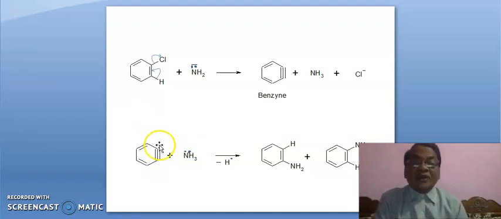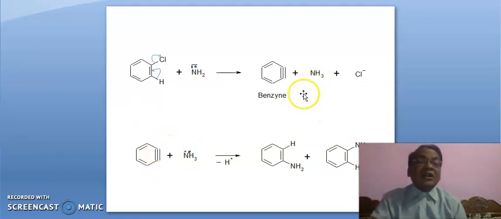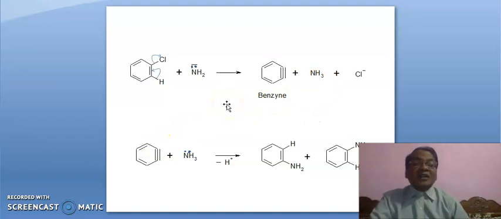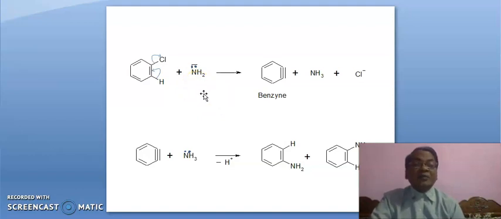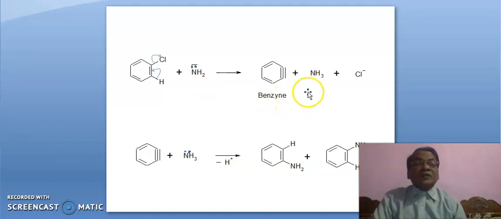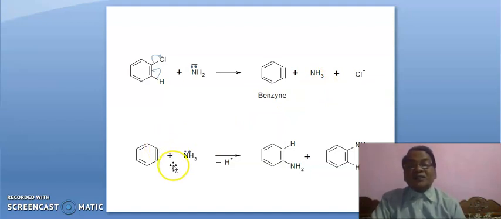This ammonia will attack, the ammonia formed here, and again I am underlining this, that you have taken sodamide and liquid ammonia. Liquid ammonia is also important. Although liquid ammonia is used here as solvent, it also assists in attacking here or here.